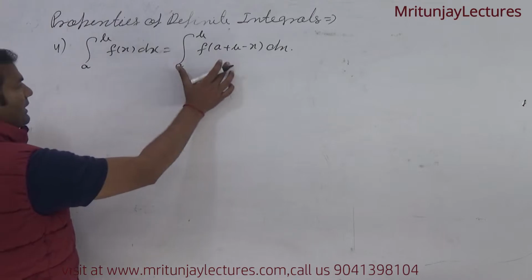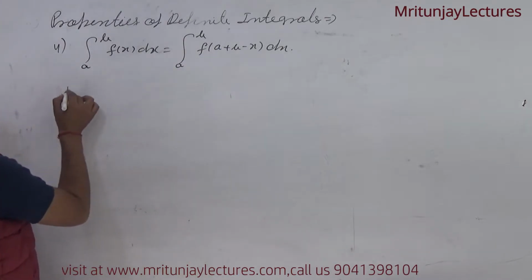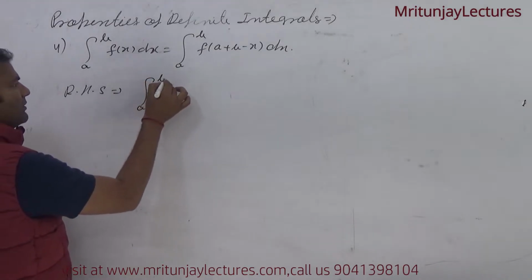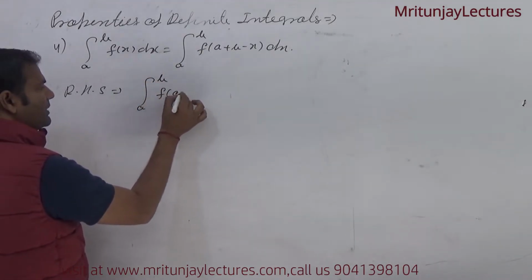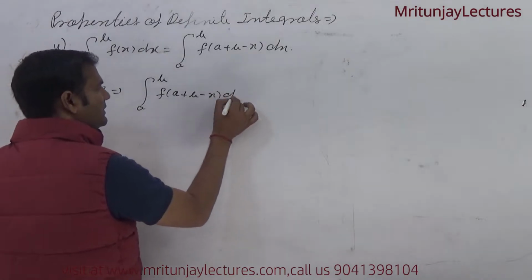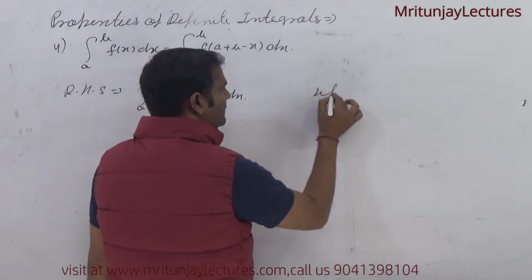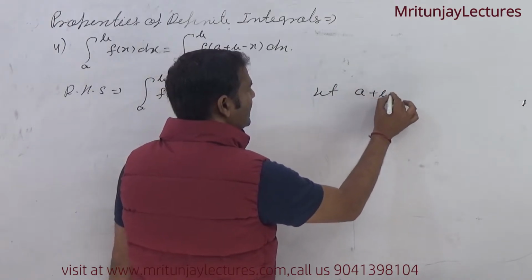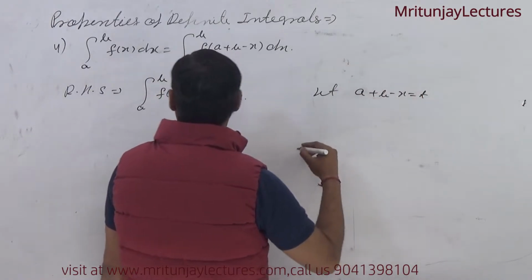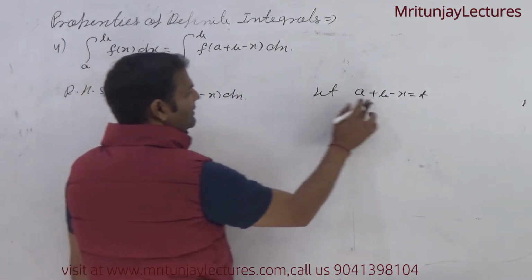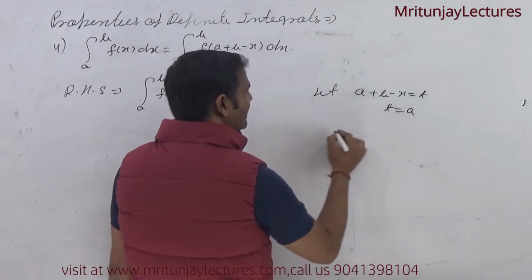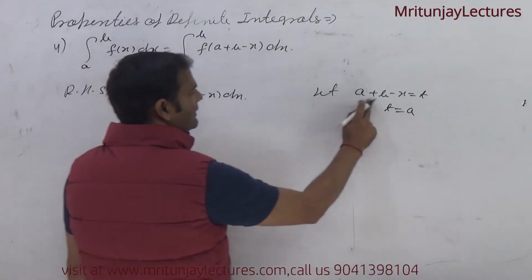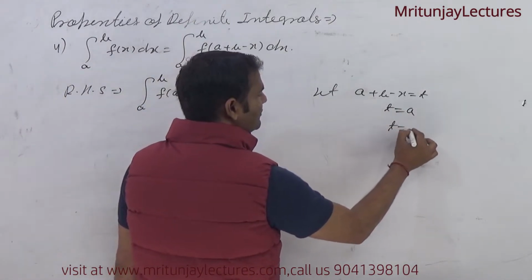Now I know that if any doubt, from the right hand side, the integral of f of a plus b minus x dx, let a plus b minus x be equal to t. If x is equal to b, then t is equal to a, and if x is equal to a, then t is equal to b.